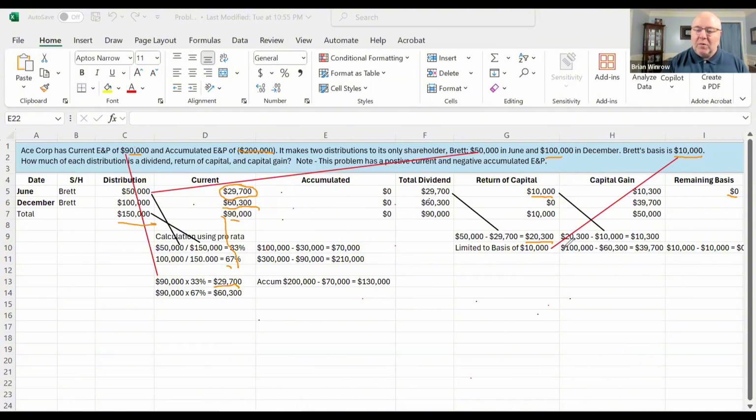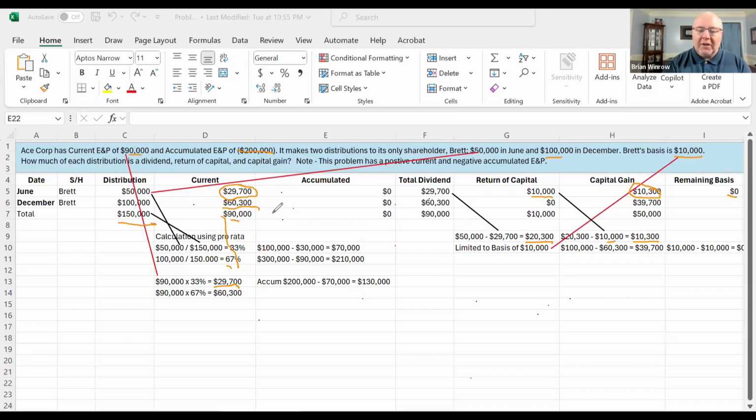And then when we look at 20,300 minus our $10,000 of basis, we still have $10,300 remaining. Anything remaining after basis is zero has to be a capital gain. So we have $10,300 of capital gain. We're doing good.